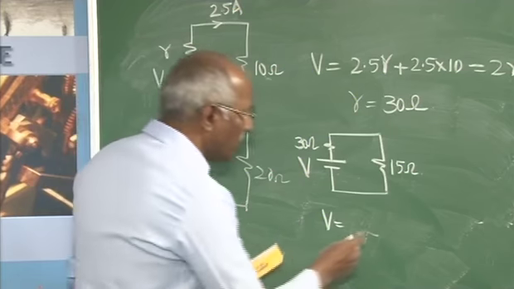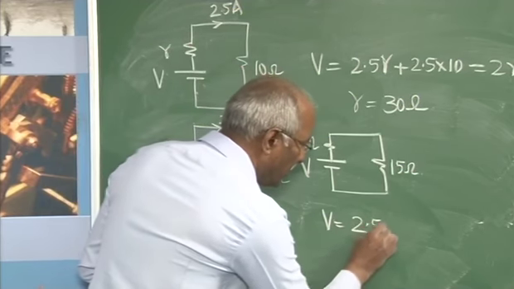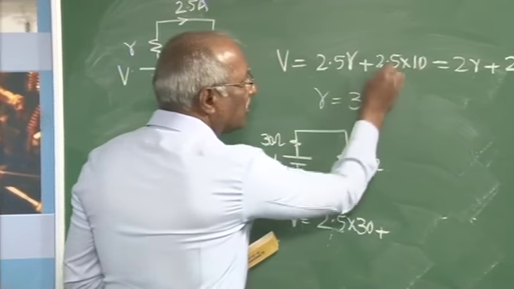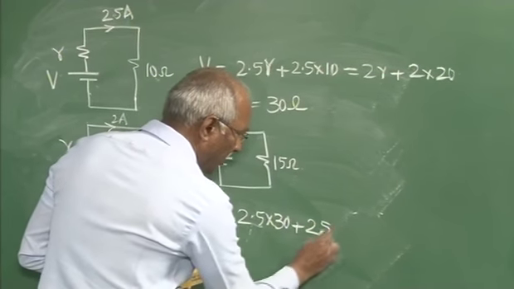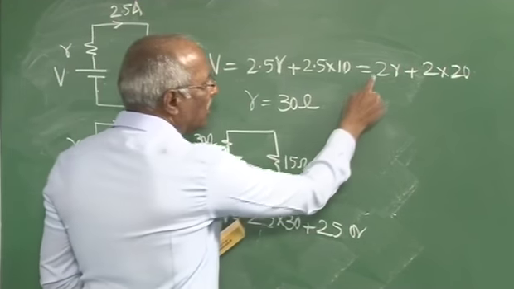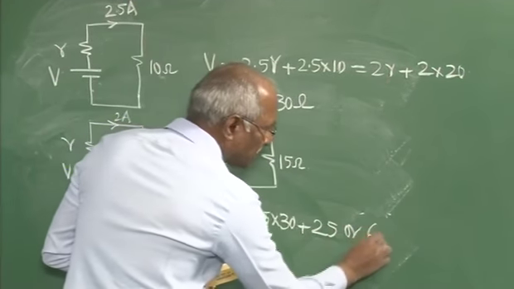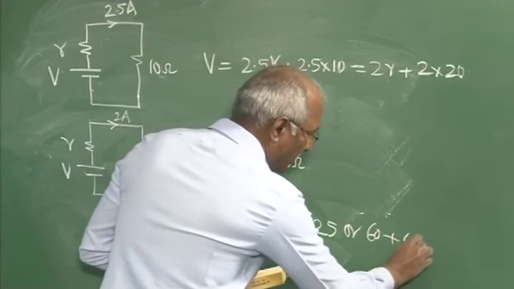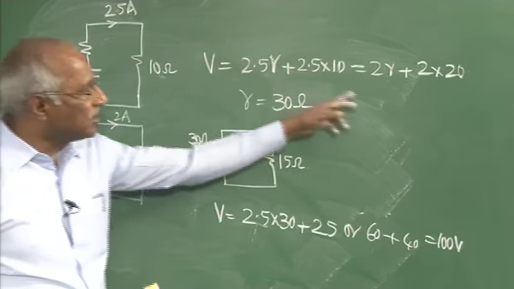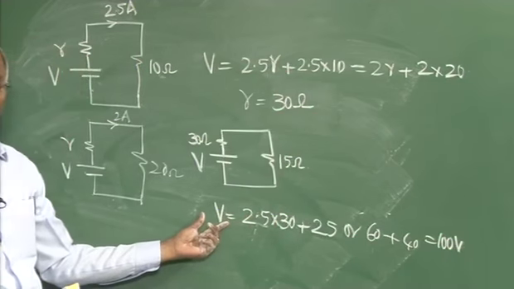V is equal to 2.5 into 30 plus 10 into 2.5, which comes to 25. Or substituting into the other equation, 2 into 30 comes to 60, plus 40. So this will be 100 volts. Whether you go for this or this, the voltage will be the same.